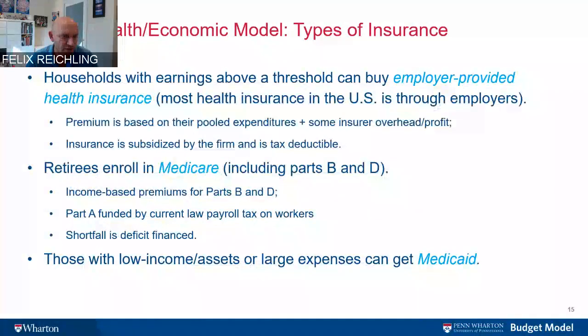Like in the real world, we calculate premiums based on all the pooled expenditures plus some administrative costs. The employer-provided health insurance is subsidized by the firm. I think they pay roughly 75% in the data and the employee pays 25, and it is fully tax deductible.